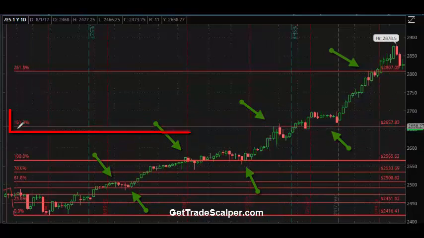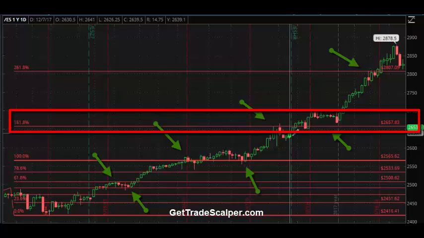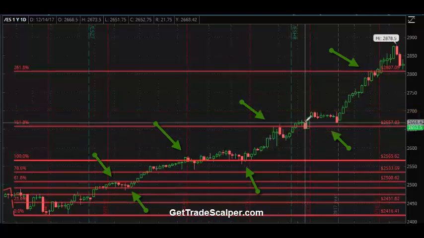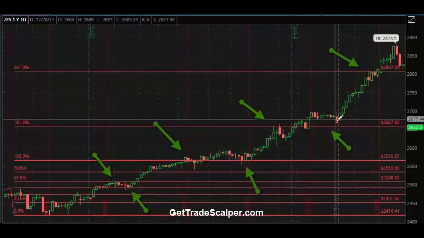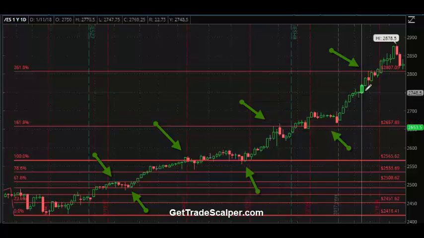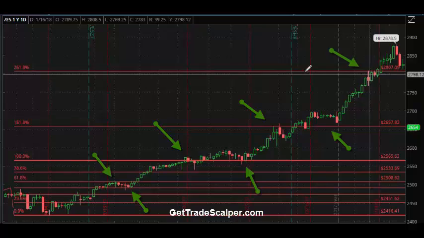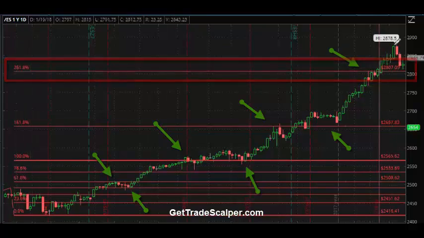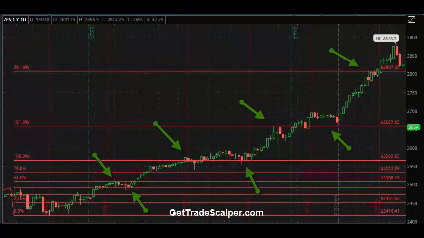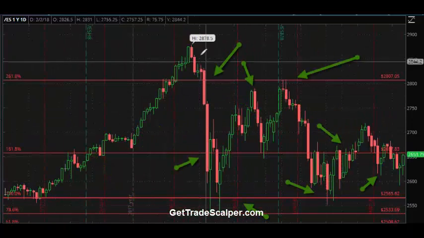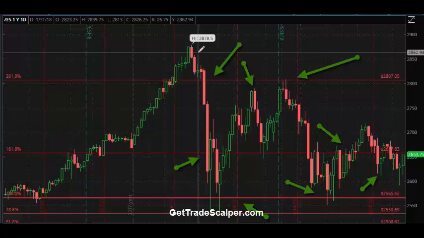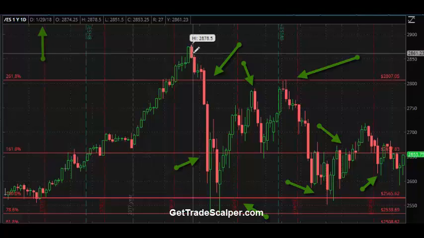Resistance turned into support, then it went up to the resistance level here, 161.8, down, punched through it, found support, right? Resistance, 261.8, and then began to go back down.